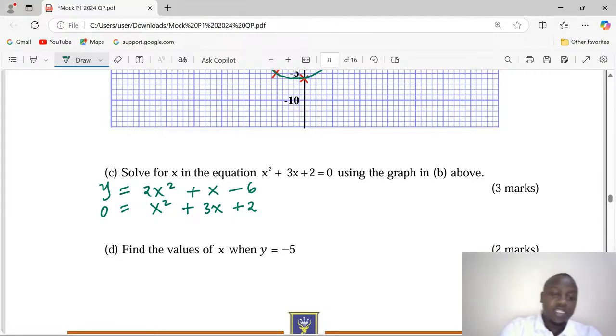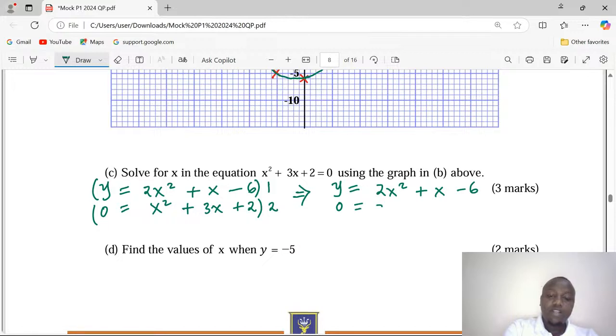So to go about this, you apply the elimination which you use in form 1, whereby the first equation will be multiplied by 1 and the second one will be multiplied by 2, so that the coefficients of x squared are equalized. So these equations now will become y equals 2x squared plus x minus 6, and on the other one, 0 equals 2x squared plus 6x plus 4.